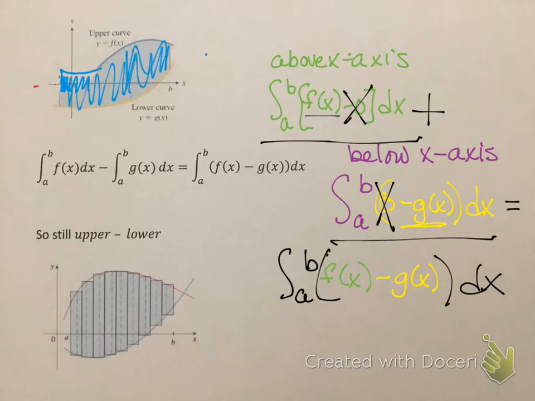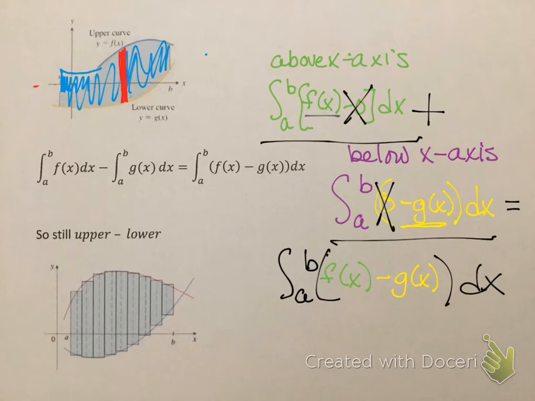All right, I'm going to draw in one representative rectangle. So no more purple, no more green, no more yellow. I'm going to do this with one representative rectangle.